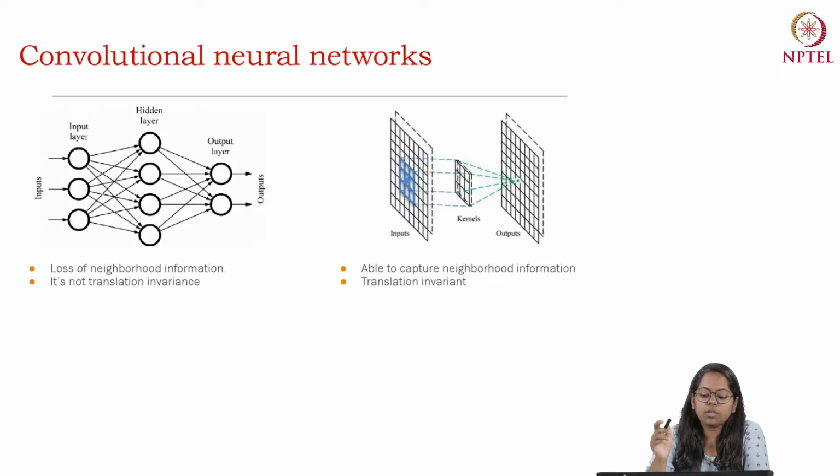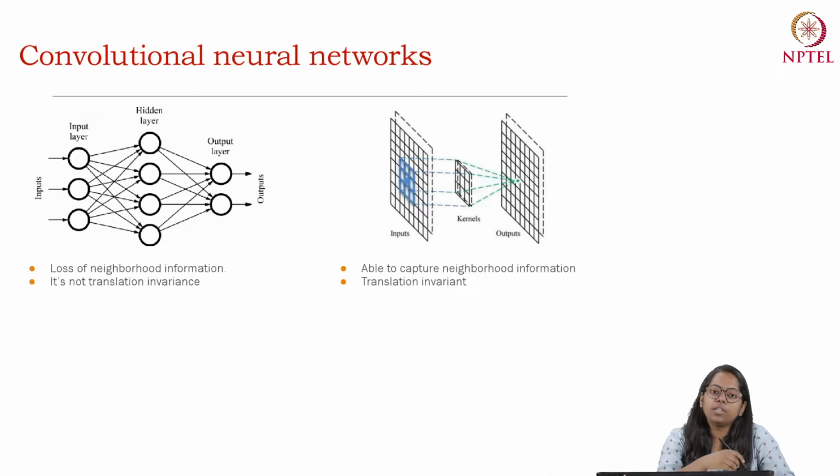First, we'll talk about convolutional neural networks. In the last lecture, we saw the feed-forward neural network, which constitutes different perceptrons in a hierarchical fashion. But in this kind of architecture, the neighborhood information is not captured.